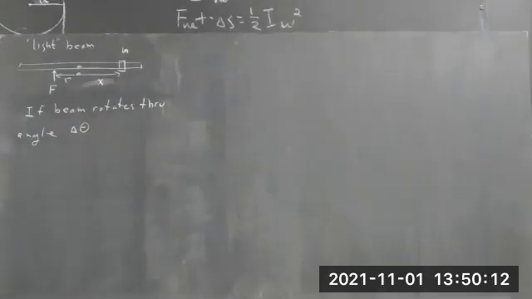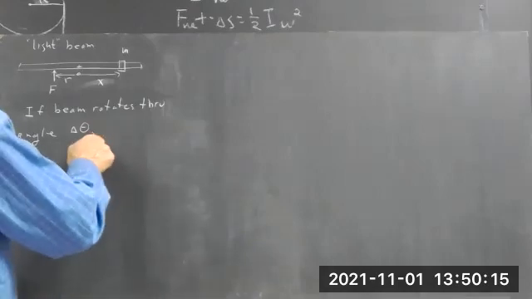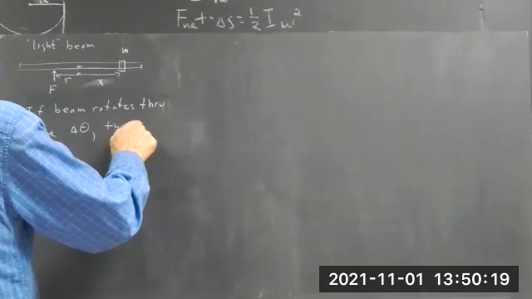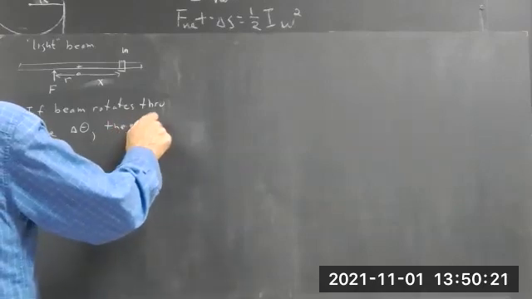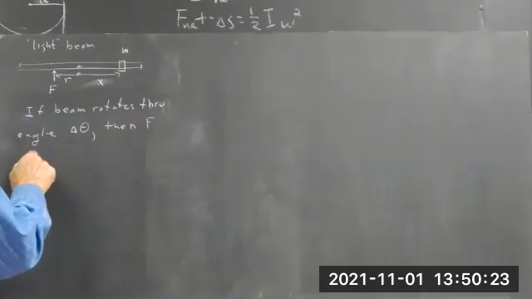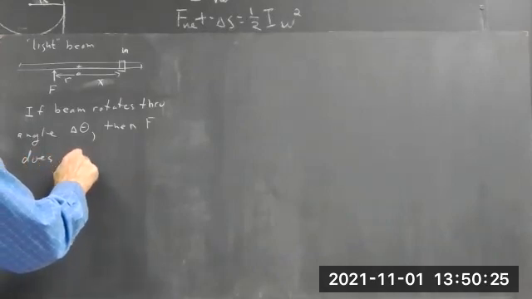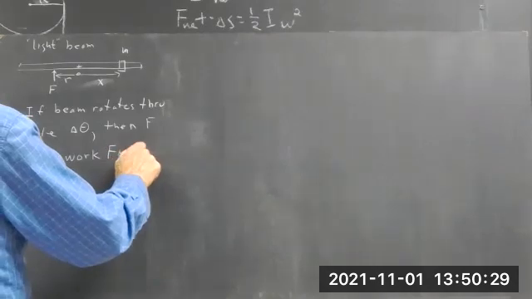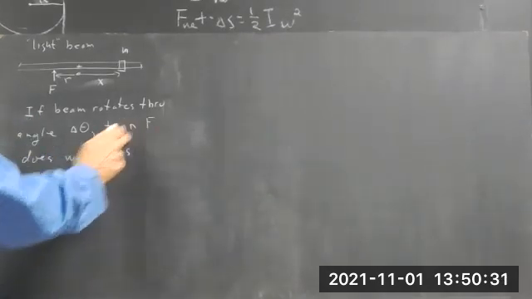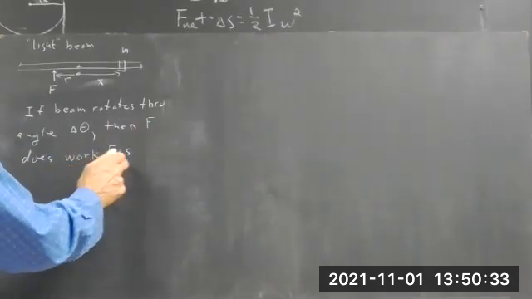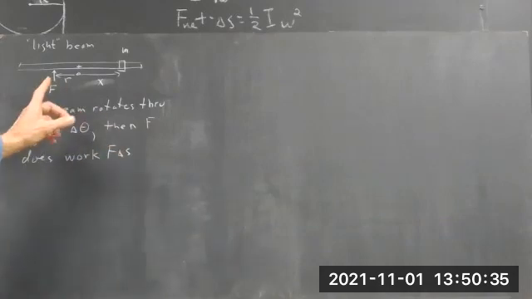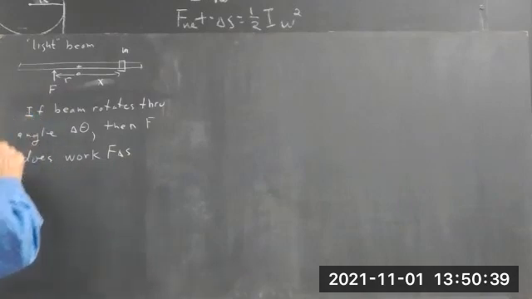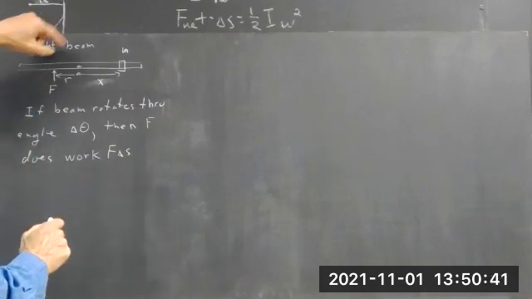The beam rotates through angle delta theta. Then the force does the work F delta S, where S is how far this thing displaces along the arc.